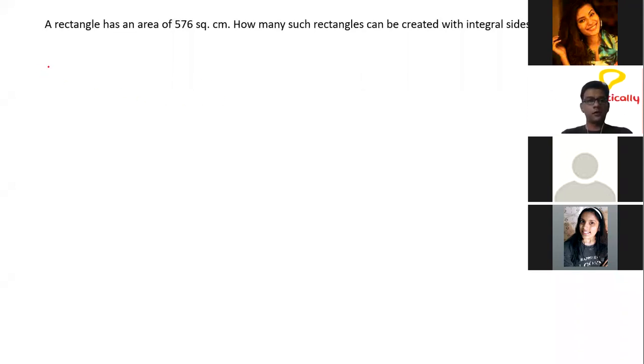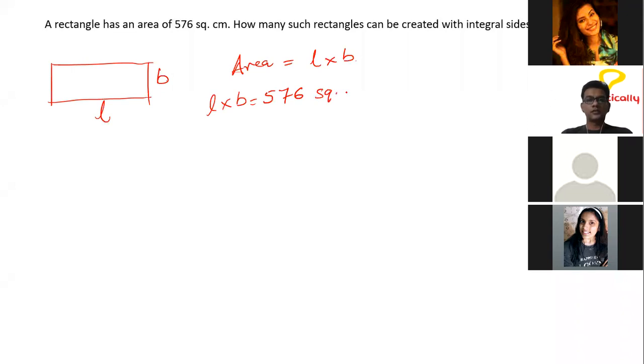Okay, a few people have answered, so let's understand this. What is the area of a rectangle? A rectangle has a length and a breadth, and the area of a rectangle is always given as length into breadth. It's given to me that this area, length into breadth, is 576 square centimeters. So I understand that I am getting 576 by multiplying L and B. Let's take an example here.